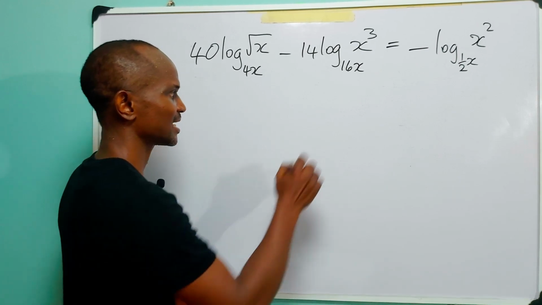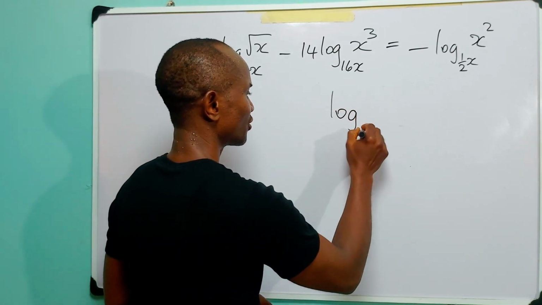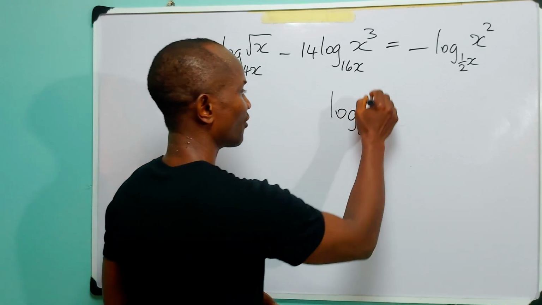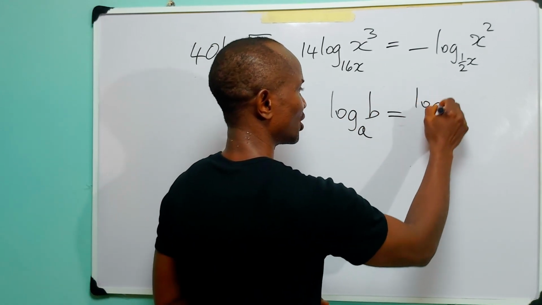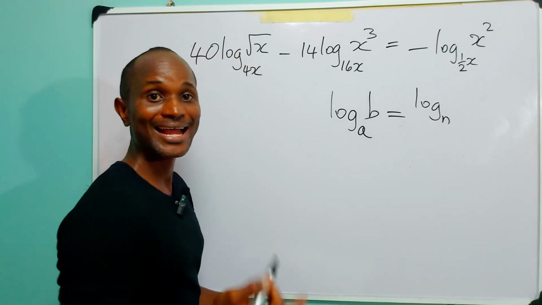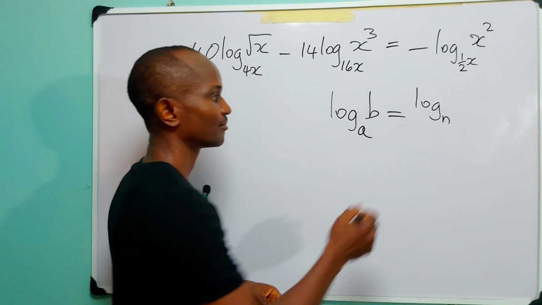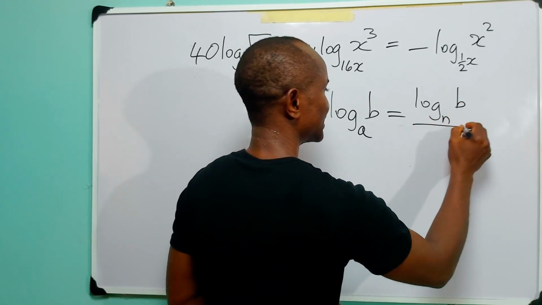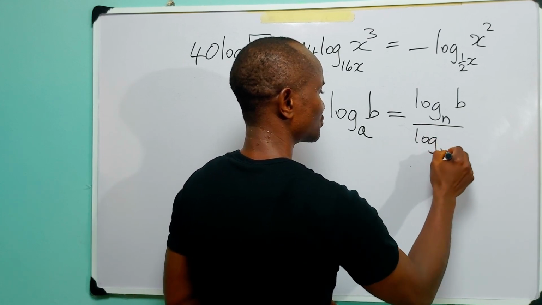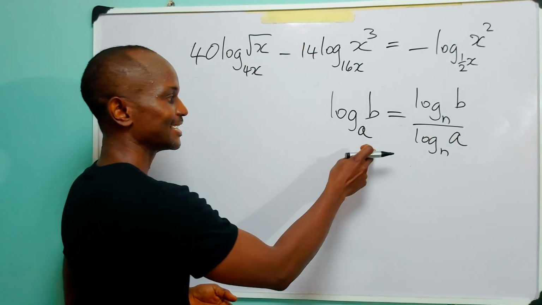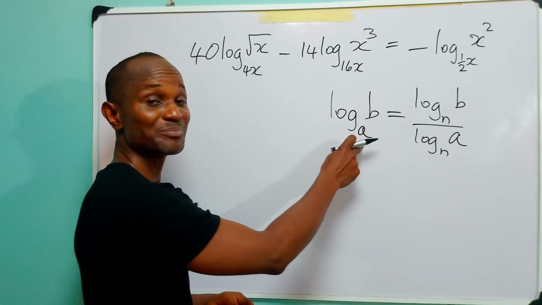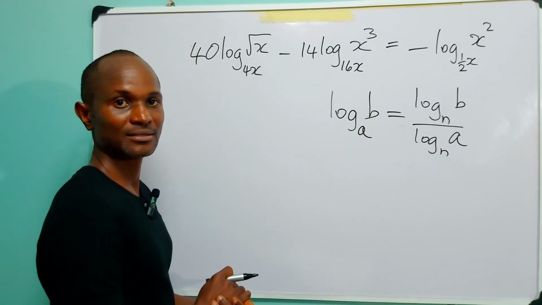Now that formula says that if we have a logarithm to base a of a number b, this is equal to log to base n of the number b, where n is the new base, divided by log to base n of the old base a. In doing this, we have changed from base a to base n.